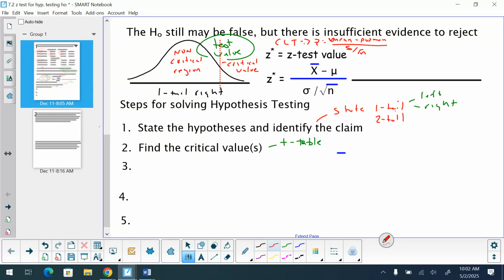We have a non-critical region and a critical region. Once again, that critical value will separate us into non-critical and critical.